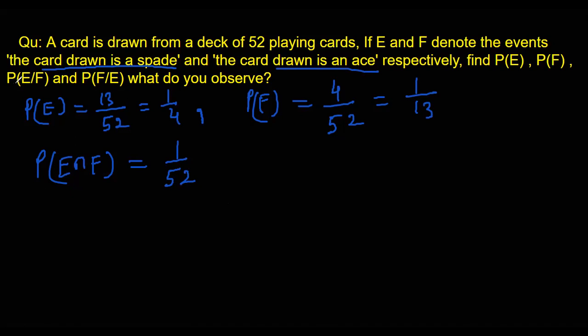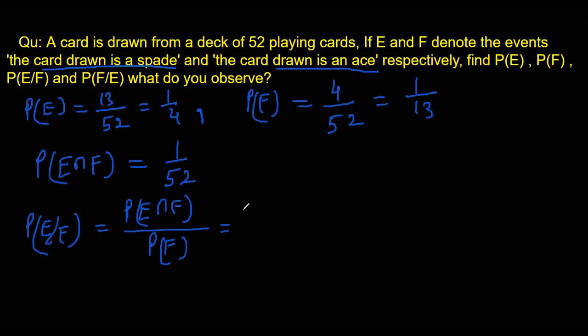Now can we find P(E|F)? The probability of occurrence of E when F has already occurred, by definition, is P(E intersection F) divided by P(F), which we learned in conditional probability. So it comes out to be 1 by 52 divided by 4 by 52, which is the same as 1 by 4.